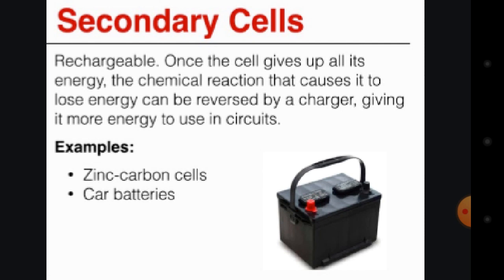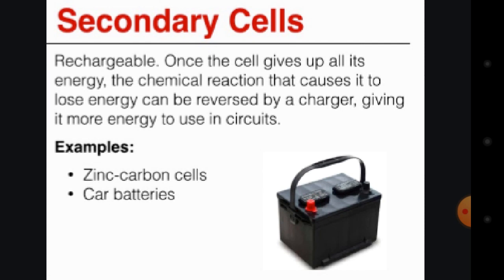The secondary cells have their own chemical substances, but after you use that power, you can recharge them again with a charger and they continue working. So the secondary cells are those cells that can be recharged again.